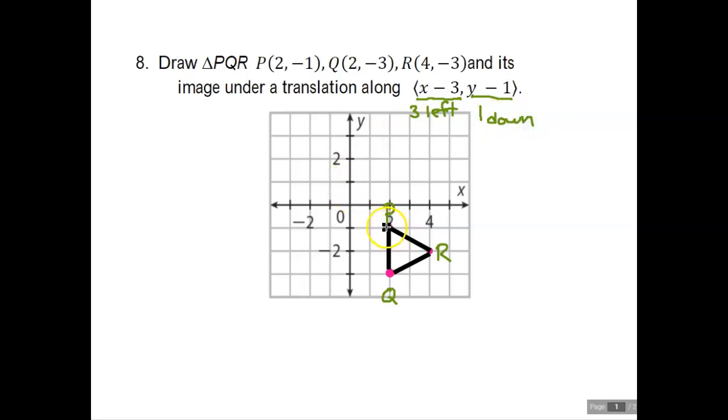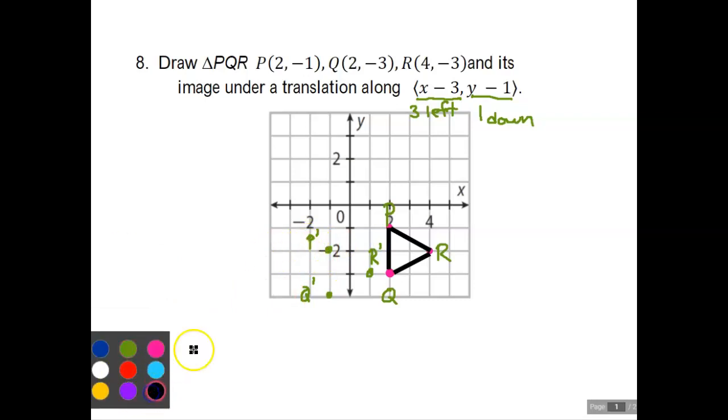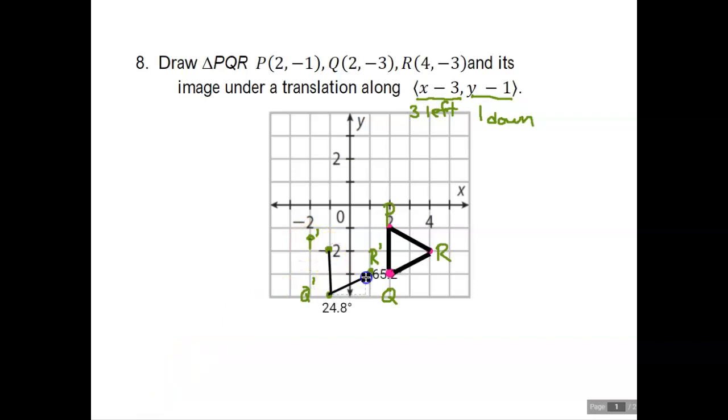So each of these I just moved 3 left. 1, 2, 3, 1 down. So that's P prime. 3 left, 1, 2, 3, 1 down, Q prime. And then 1, 2, 3, 1 down, there's R prime, right there.